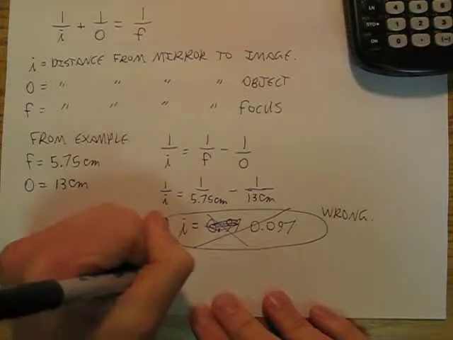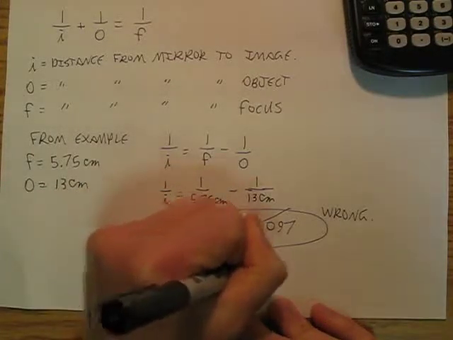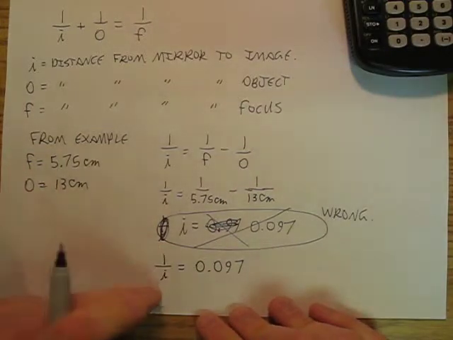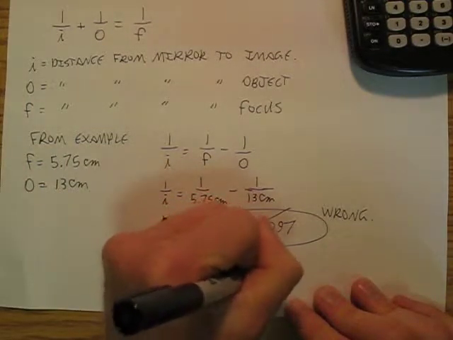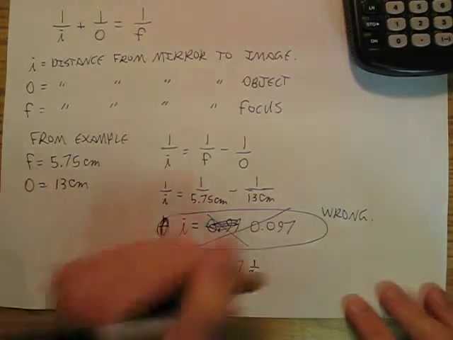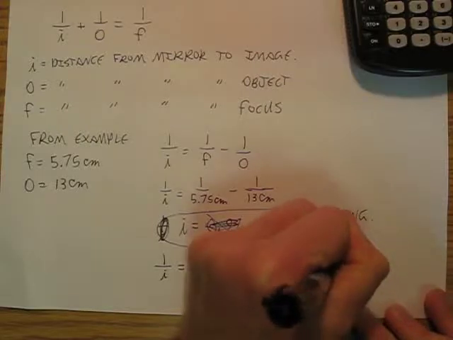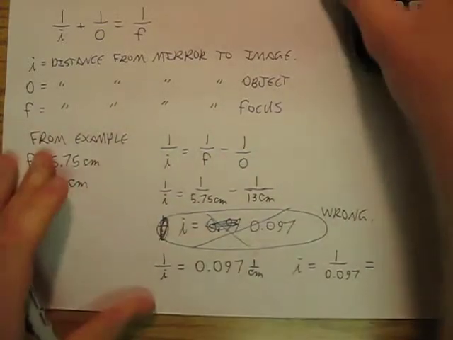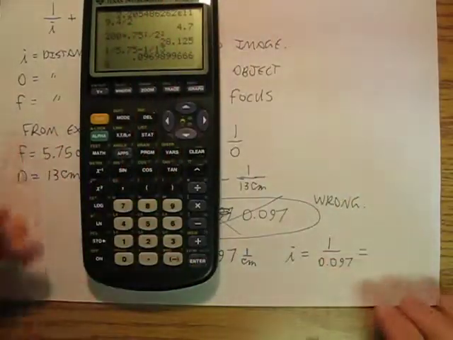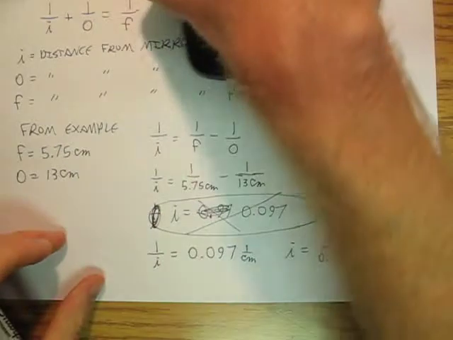1 over I is equal to 0.097. So the units on that is 1 over centimeters. So that means that I is equal to 1 divided by 0.097. So my I is going to be the reciprocal of that, which is 10.3.